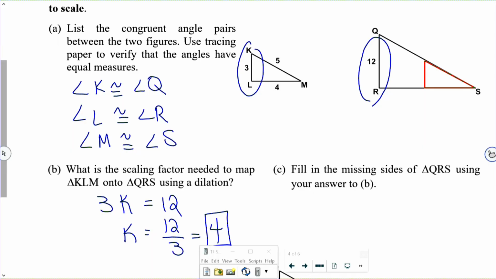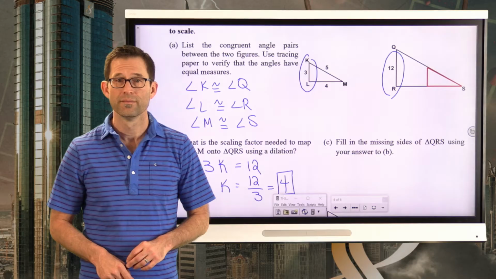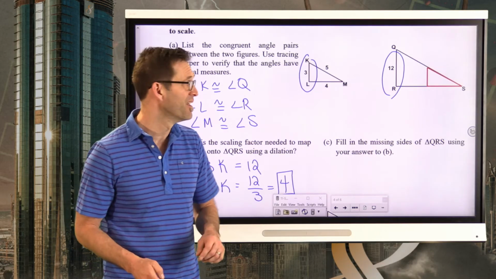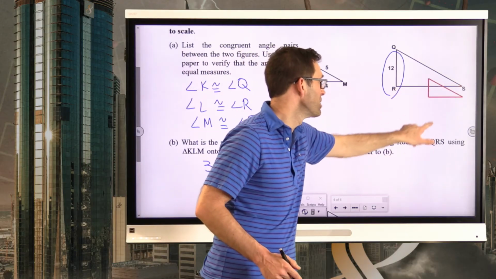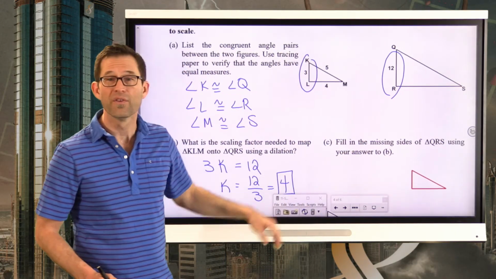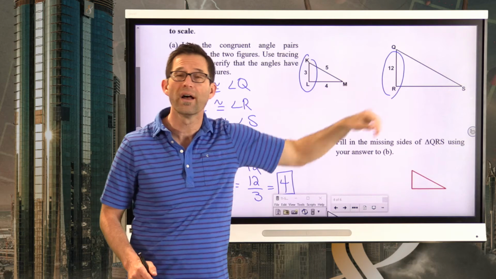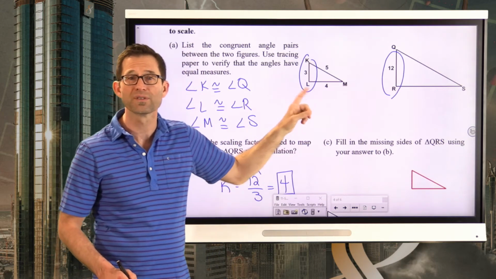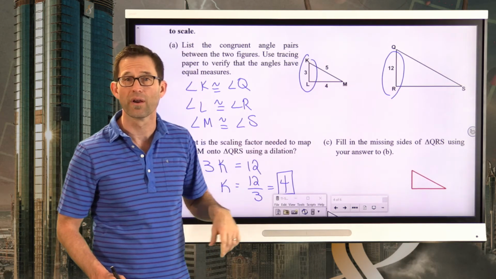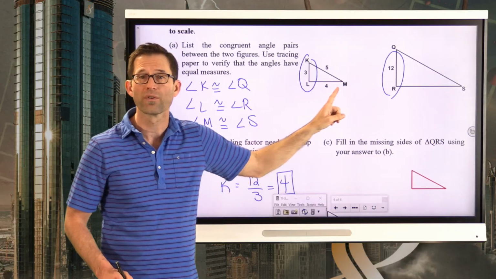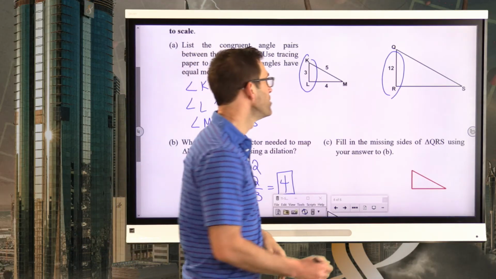Fill in the missing sides of triangle QRS using your answer to B. All right, well, easy enough, right? Because the two missing sides of triangle QRS are simply going to be 4 times the corresponding sides over here. So this thing is 4, 4 times 4 will make that side equal to 16.